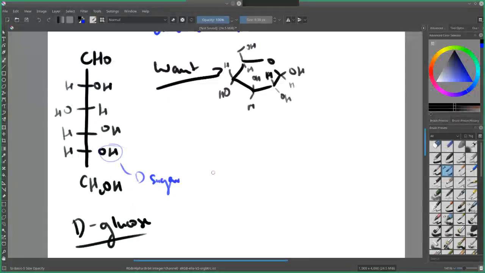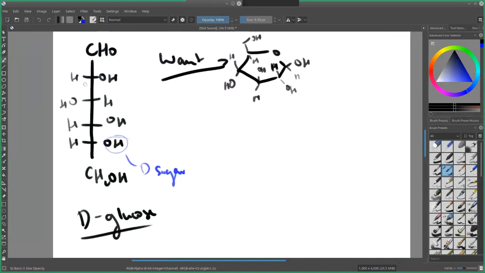And we currently definitely don't have that. So what we need to remember is that each of these bonds, or each of these crosses here, are stereocenters. So these are all sticking out.